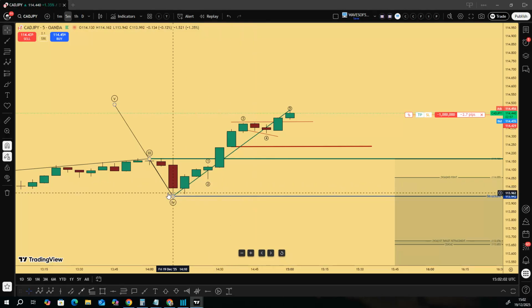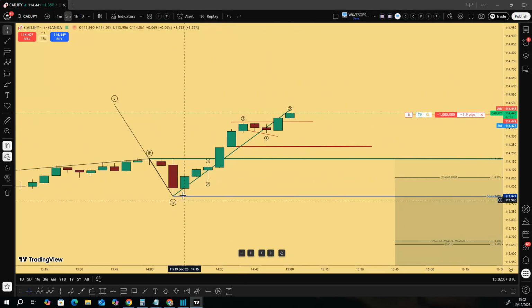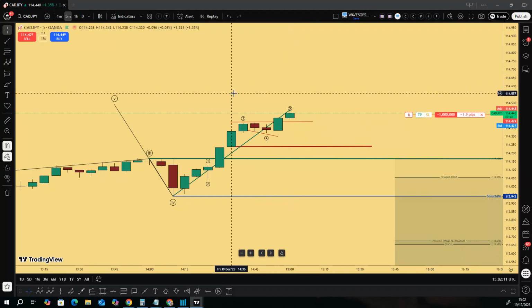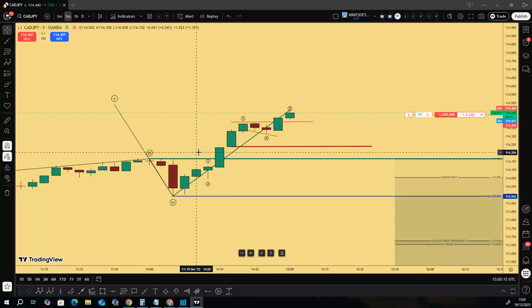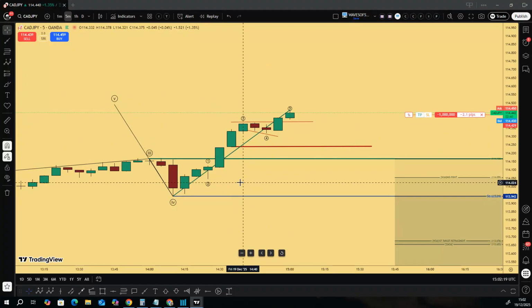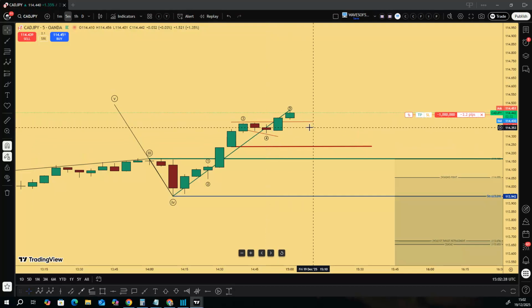When you get to a point where you can understand the waves, they become very clear in terms of what you should be expecting. Every wave that we've counted has characteristics. Wave 2 has its characteristic, wave 3, wave 4 and 5.